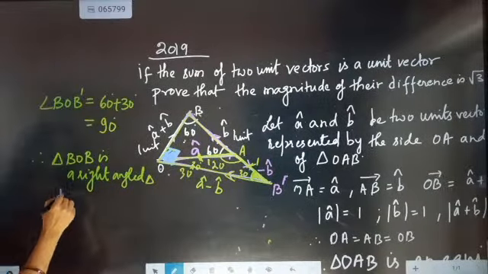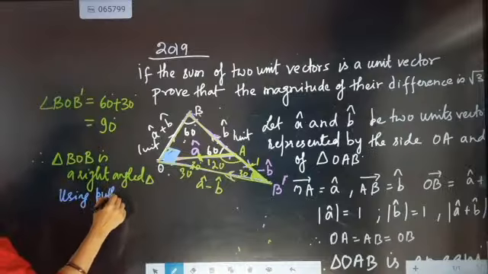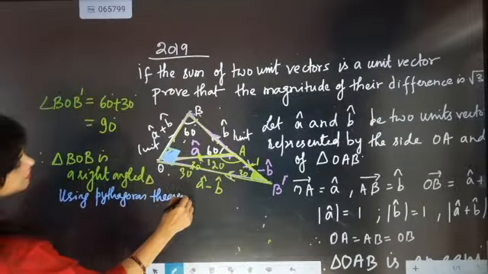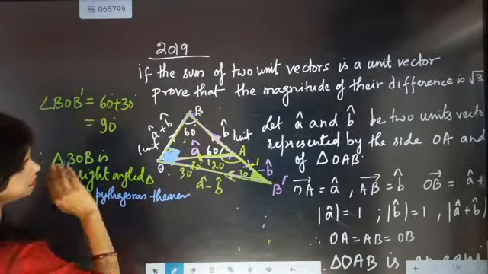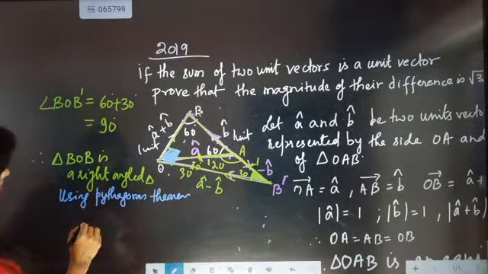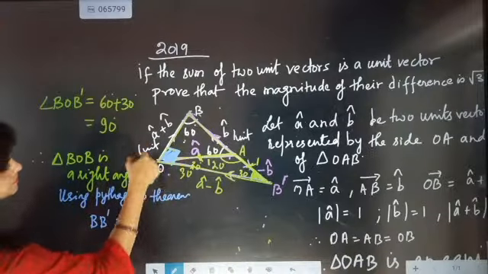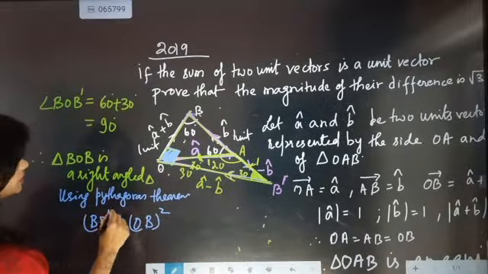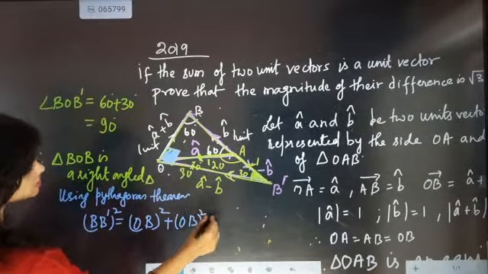So using Pythagoras theorem, now this side is coming as what? Hypotenuse. So BB dash squared equals OB squared plus OB dash squared.